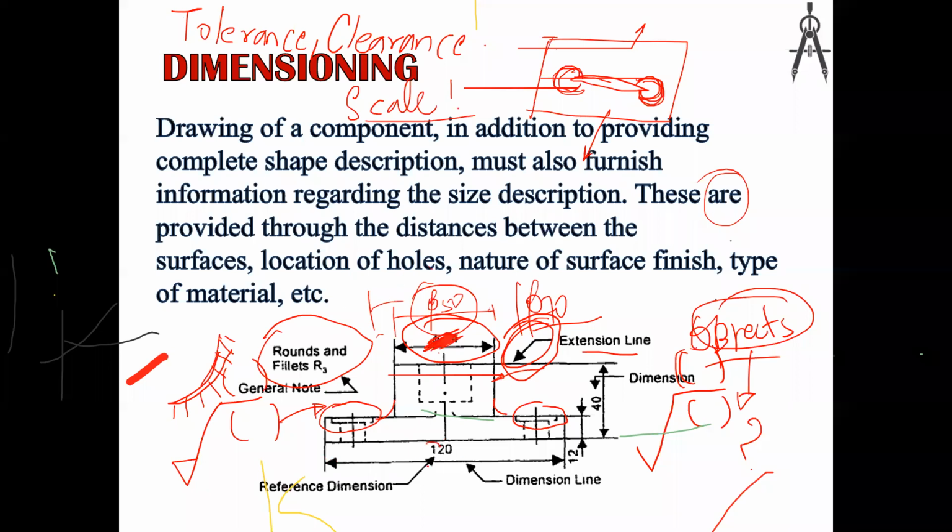This length is given as 120. If it is a properly made drawing, not freehand but drawn with proper instruments and proper scale, then this length is 120. When you measure this length, it is 12. Then what is the scale?